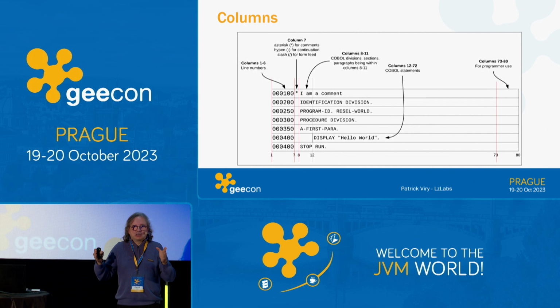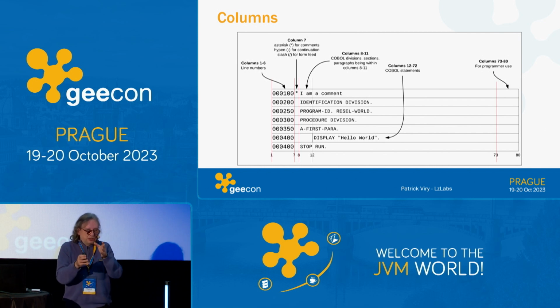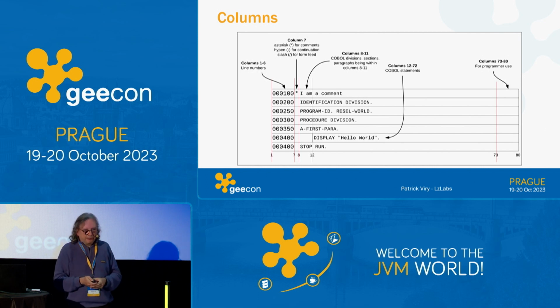So what you do in this case is you do a continuation. So you put a continuation marker in column 7 on the next line, and then you can continue writing your code. Okay? And then in the middle, you see that you still have two areas. This is a bit technical, I don't want to dig into it. But the program is the part that you see here in the middle.